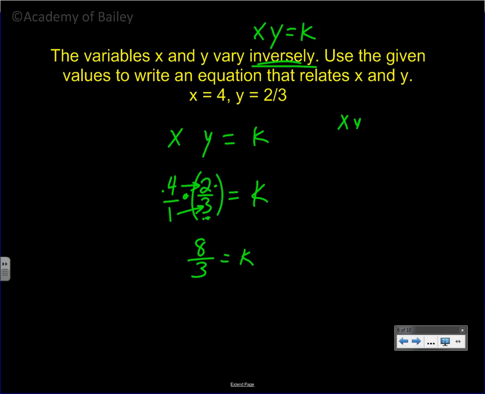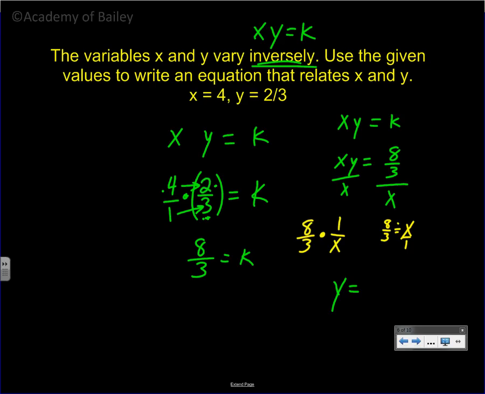So we're going to have x times y is equal to k. x times y is equal to 8 over 3. And remember, they like to have the equation as y is equal to something. So let's divide by x. If we have 8 over 3 divided by x over 1, that's the same thing as saying 8 over 3 times 1 over x.